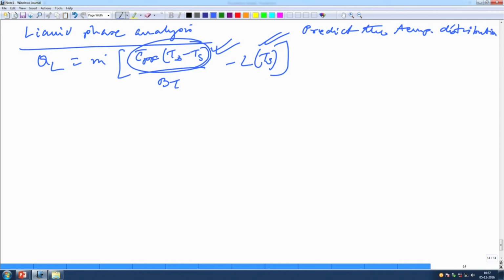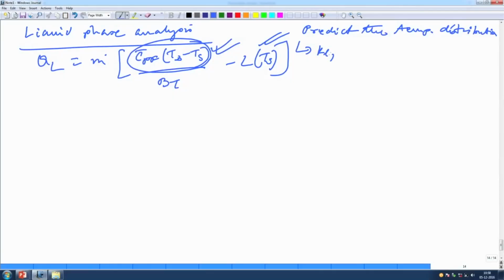To do that, what people normally do is assume an infinite conductivity model. Infinite conductivity model means the KL of the liquid phase, KL or lambda L, whatever you call it, is very high.